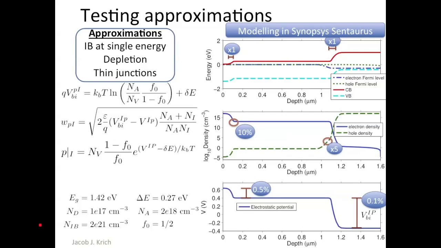I'll just say that predicting the built-in fields we can do to better than fractions of a percent, and probably can make that even better. For the boundary condition at the edge of the depletion width on the left side, which is less important for details, we're within 10%. On this side, it's a factor of 5, but we do have a carrier concentration that's moving by 16 orders of magnitude, so I'm pretty happy with something that's only off by about a factor of 5.